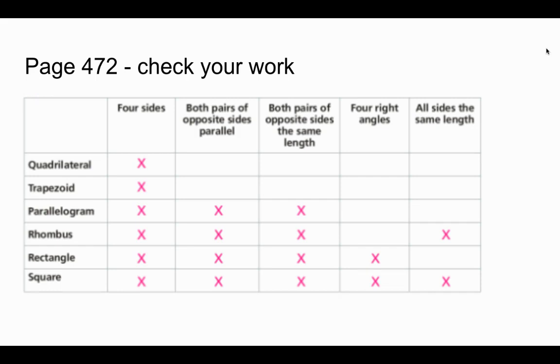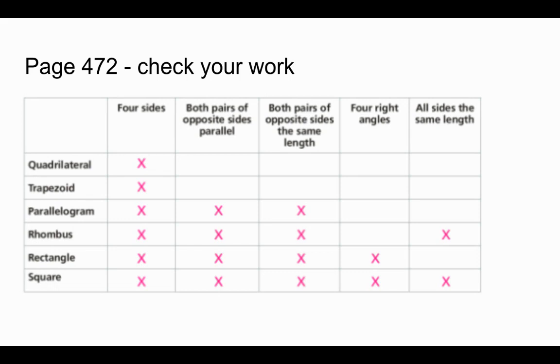All right. How did you do? Quadrilaterals? The only thing that's marked is that they're 4 sides. Trapezoid as well. But parallelograms have both pairs of opposite sides parallel and both pairs of opposite sides the same length.